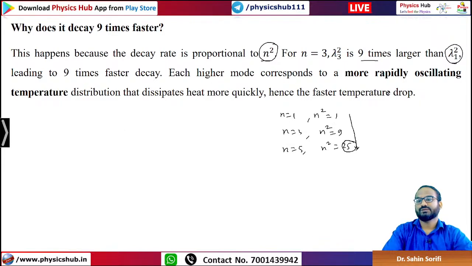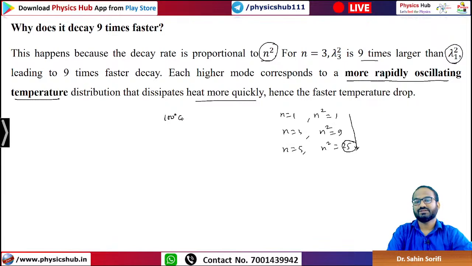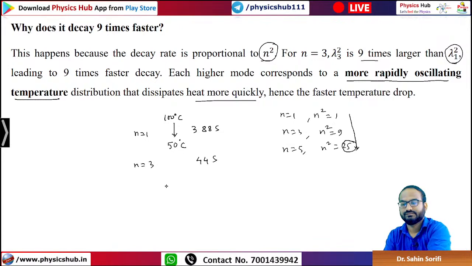Each higher mode corresponds to a more rapidly oscillating temperature distribution that dissipates heat more quickly, so it takes less time to reach from 100 degrees centigrade to 50 degrees centigrade. For n equals 1, it takes around 388 seconds. For n equals 3, it takes only 43 seconds.